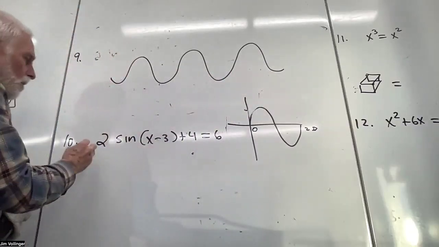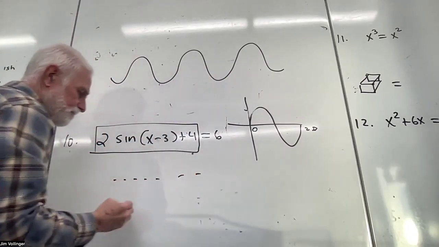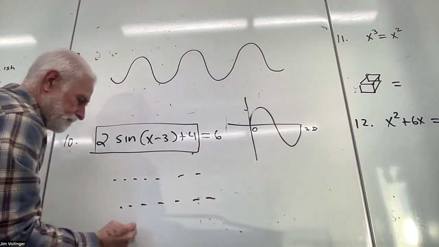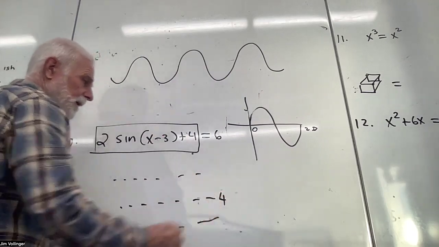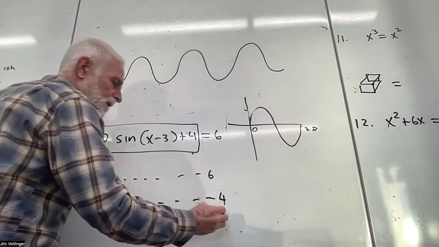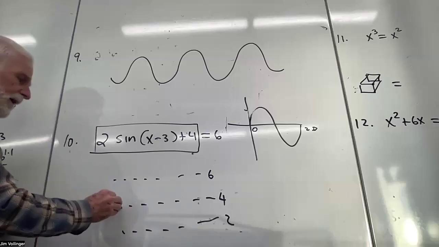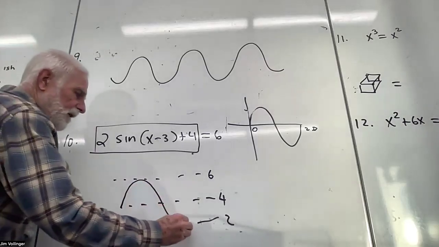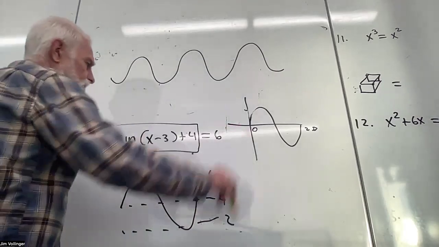So how do you graph this? You put some dotted lines down. This is the middle, and I'm going up and down 2. I'm going up to 6, and I'm going down to 2. And we're trying to find when this is 6. And I can do one period of the sine function, like so. Question is, this one started at 0.